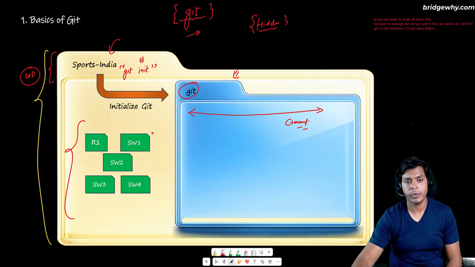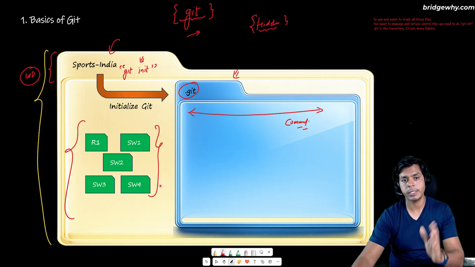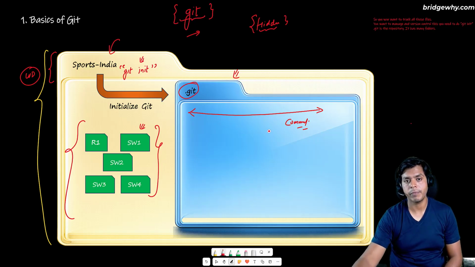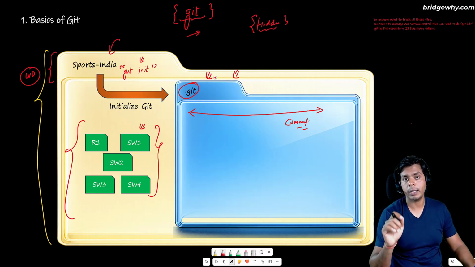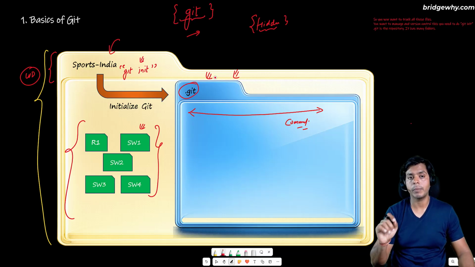For example, if you have these files and you ask Git to take a snapshot, to commit them, Git is going to take a commit of them and save it somewhere here in this .git folder, which is the hidden folder. Whatever you do, just do not delete it if you are version controlling a folder using Git.